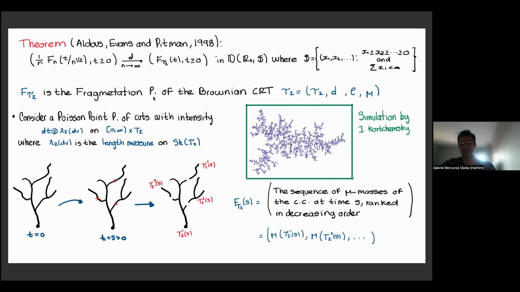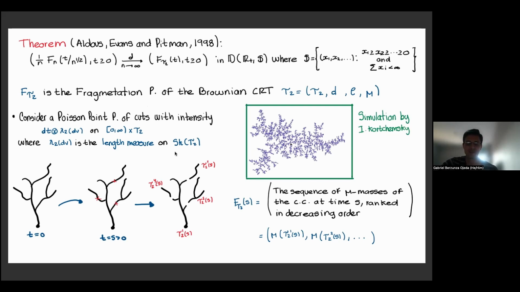It's similar to the discrete case. The only difference is that we now consider a Poisson point process of cuts with intensity given by the Lebesgue measure, which represents the time evolution, times another measure known as the length measure. This length measure is supported on what is called the skeleton of this Brownian CRT.